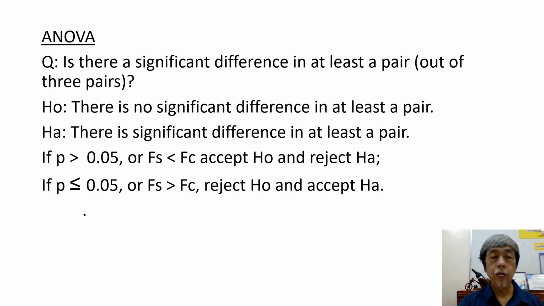The null hypothesis will be there is no significant difference in at least a pair. The alternative hypothesis will be there is significant difference in at least a pair. And the conditions are set here to whether accept or reject the null hypothesis and the alternative hypothesis.